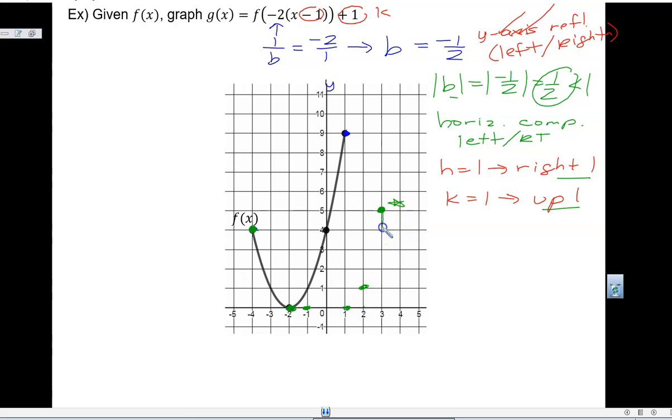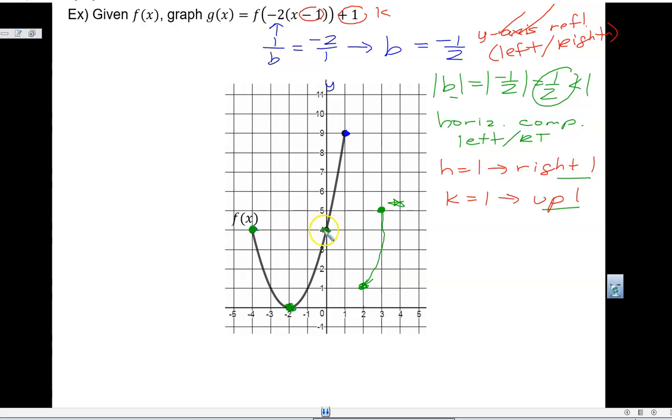So I have this. Now remember, this is a curve, and that's the bottom of my curve. So I want to make sure that I graph that as a curve. Moving to my third point, which is right here. It's on the y-axis, so it's like a horizontal distance of 0.